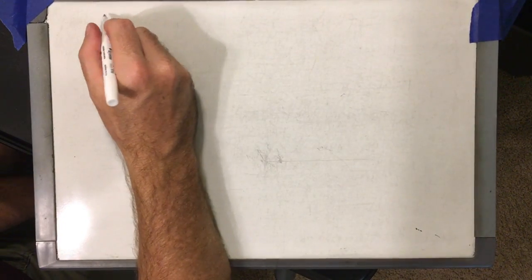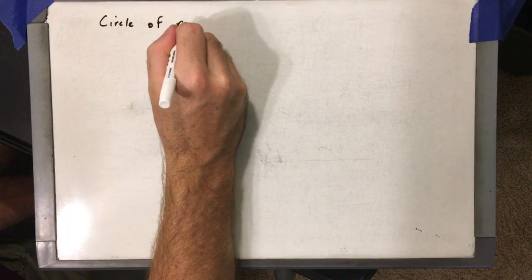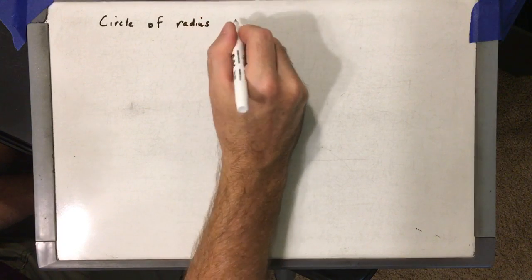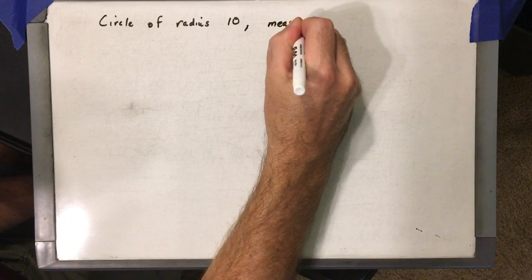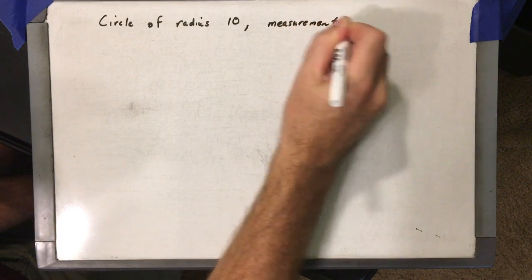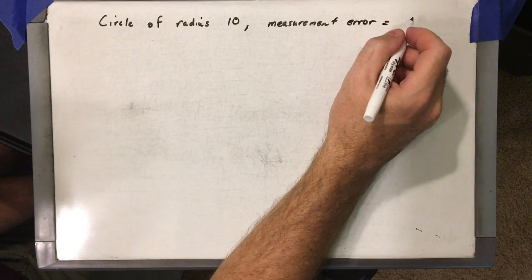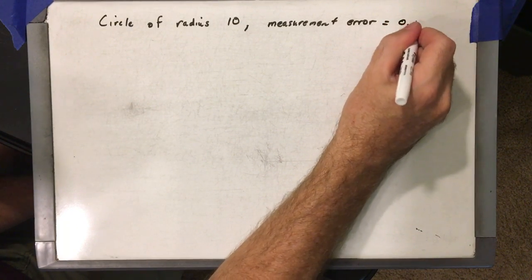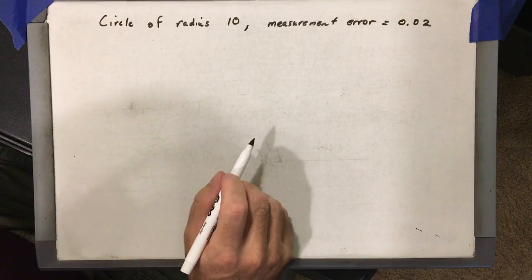Okay, so let's say we have a circle of radius 10 and our measurement error is equal to, let's say, 0.02. All right, pulling this right out of my caboose here.